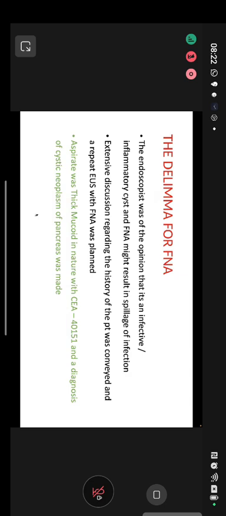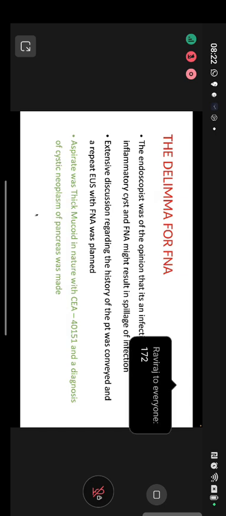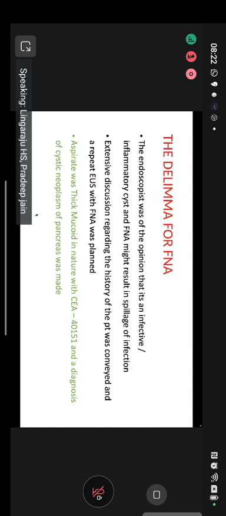How much level of CEA should raise your suspicion? More than 110. So nearly 200, right? Okay.